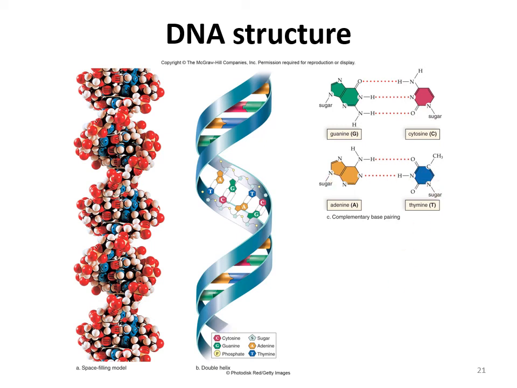So for instance, this could easily be a multiple choice question where I say, which of the following is incorrectly matched with its base pair? Or I could say, which of the following is correctly matched with its base pair, its complementary base pair. So just always remember GC and AT. And again, anywhere that you see T, you can also substitute that for U if you're dealing with RNA.